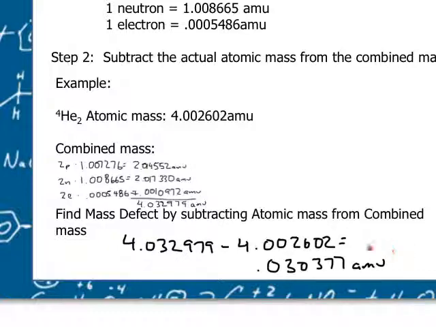This is the amount of mass that has been converted to energy, and we will refer to that as the mass defect. In the next slide we're going to calculate this into energy.